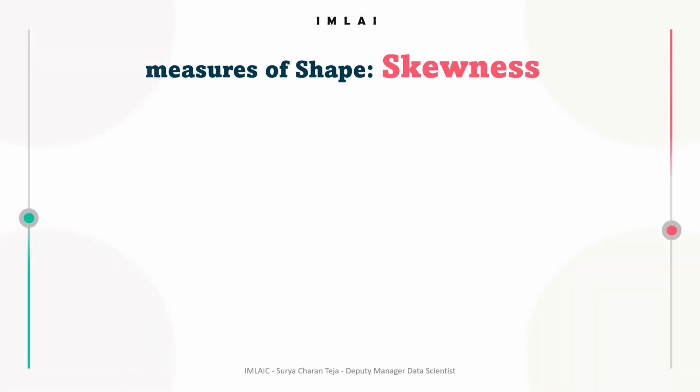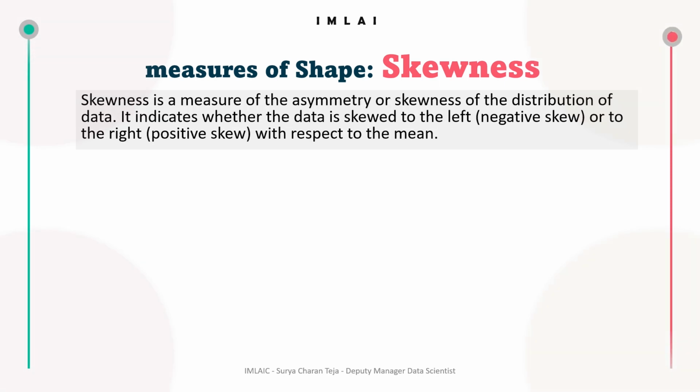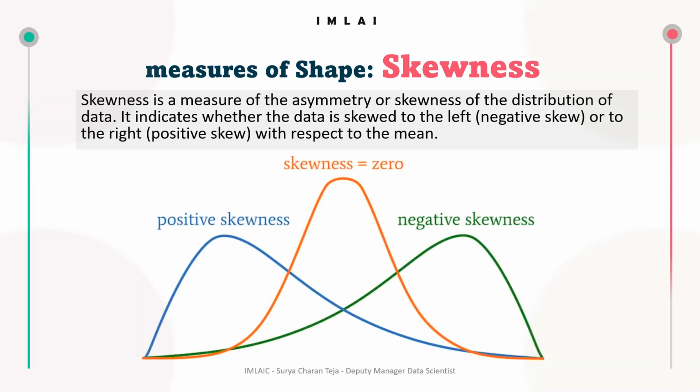So skewness is a measure of the asymmetry of the data distribution. It tells us whether the data is skewed to the left or to the right with respect to the mean. Let's look into the following diagram.